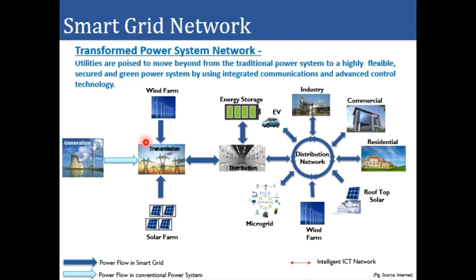So in this way, the whole ecosystem is being challenged by different devices being integrated into the system. So why is there a challenge in effective utilization of those resources? The major challenge is the intermittency.